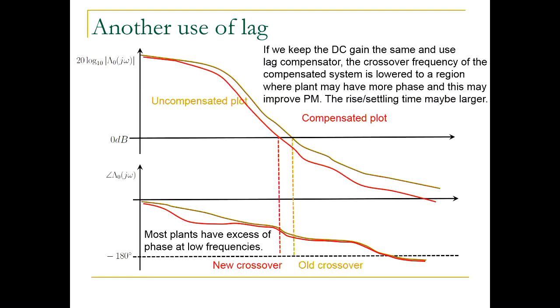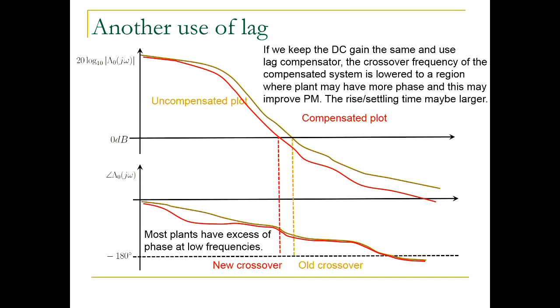Here's another use of lag where you now don't try to play with the gain at low frequencies, but rather the main goal is to move the crossover to the left. And this potentially can be used to increase the phase margin. So you still put the corner frequencies of the compensator at very low frequencies. The gain of the compensator is just not going to change.